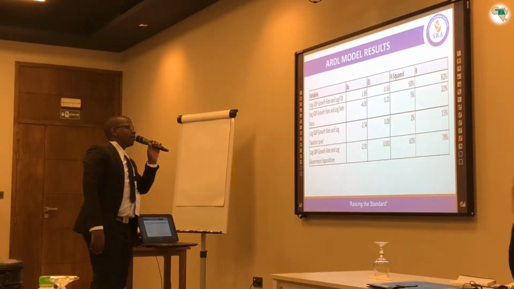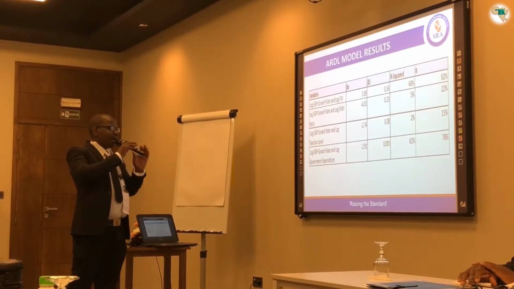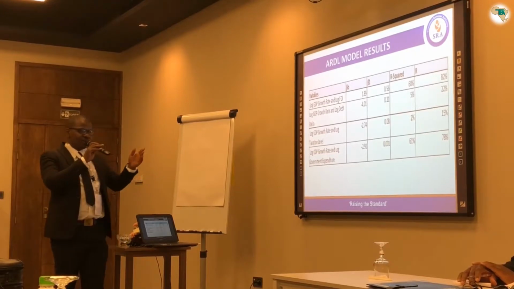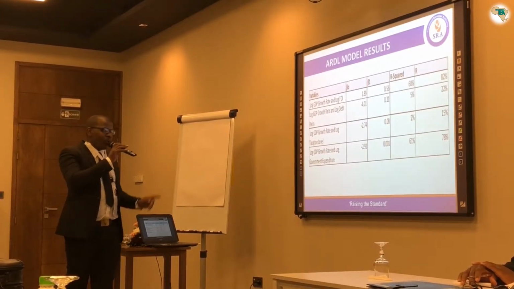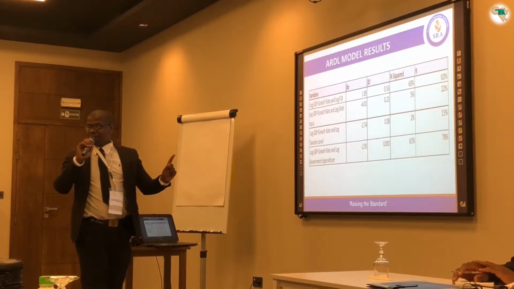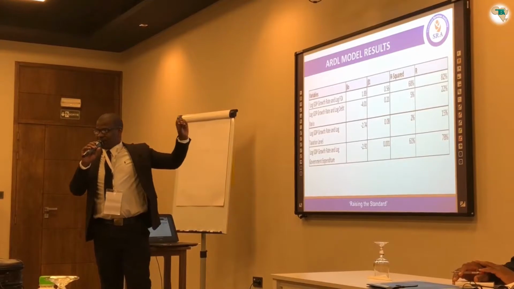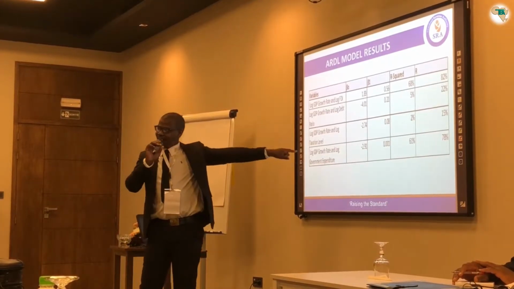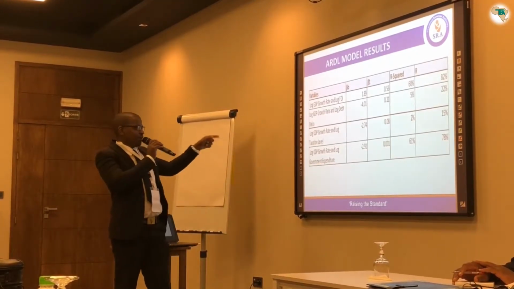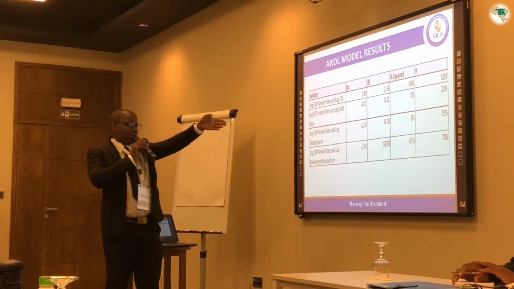But the outstanding one in this case was FDI, since according to those results, a 1 unit increase in FDI, I'm talking in terms of money, will result in a 56 cents increase in GDP in the short run. So that is what these coefficients are basically saying.